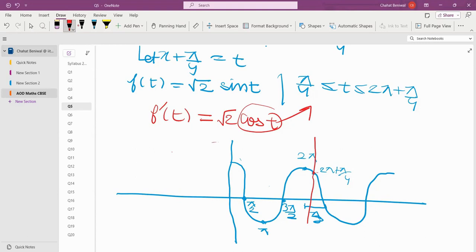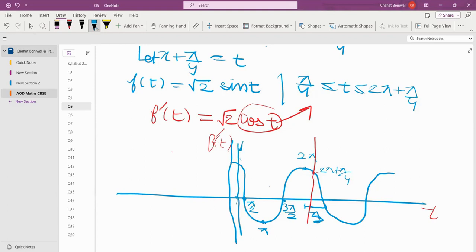So this is f dash t versus t. We need to check where the function is positive and where the function is negative. So we need to break the function in intervals. Since it's starting from pi by 4, here will be pi by 4.